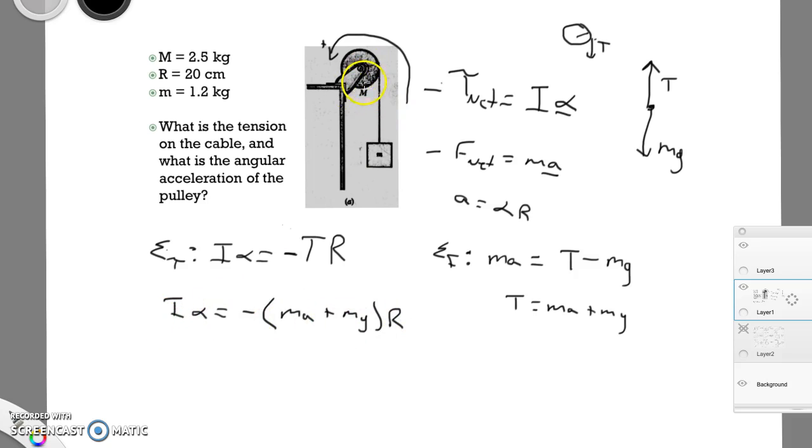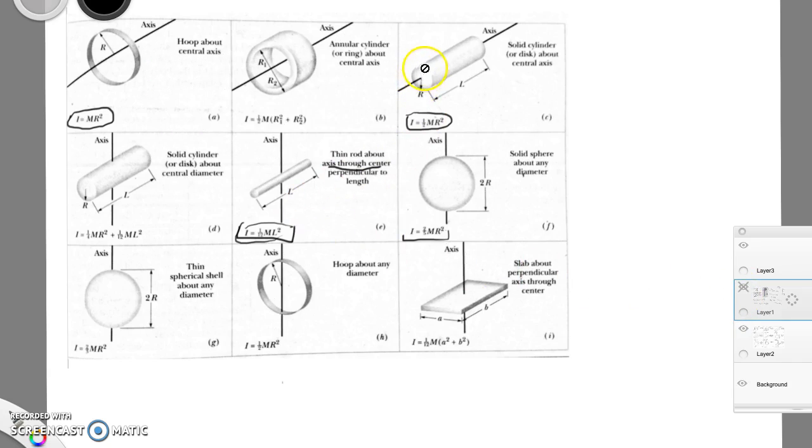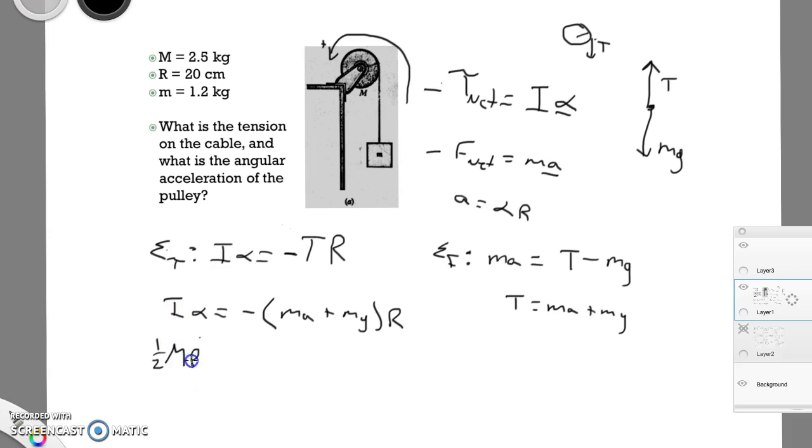This is a cylinder. If we look back at our table, for a cylinder, 1/2 mr squared is our moment of inertia. So we'll call the mass of this disc capital M, so we'll say 1/2 M r squared times alpha equals negative (ma plus mg) times r.